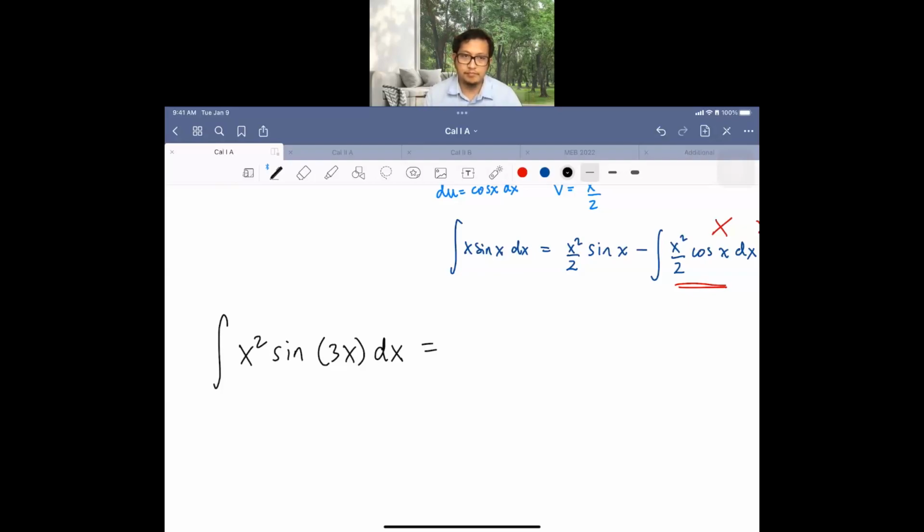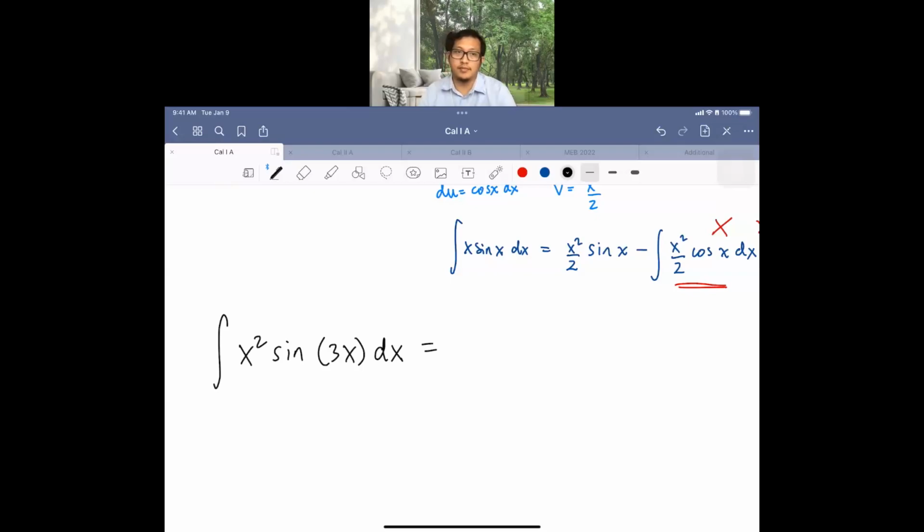Now, as usual, we should select wisely which parts we are going to derive and which parts we are going to integrate, right? I also mentioned that you can select the parts that are easily derived, and it's better if it can become 0.